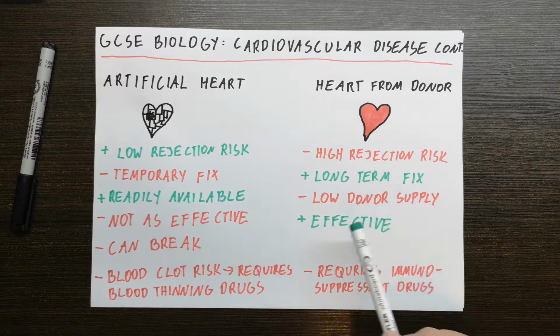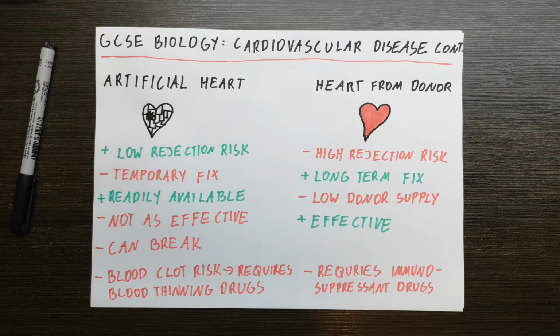However, to get a heart from a donor, of course, you need a donor that has died recently, for example, in an accident or something like that. And that heart needs to be functioning. It cannot be damaged. It cannot carry any bloodborne diseases.